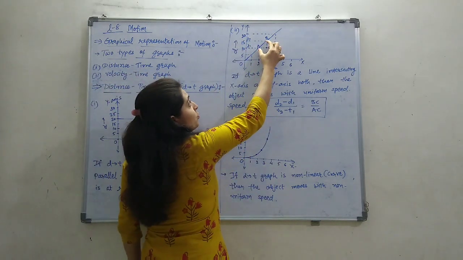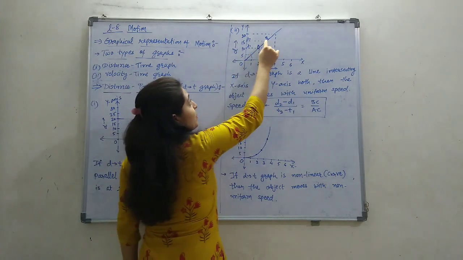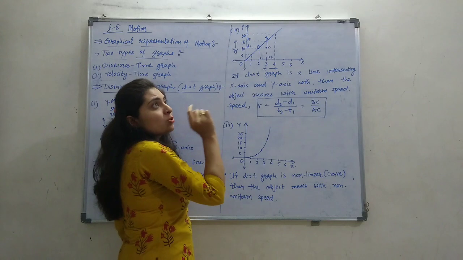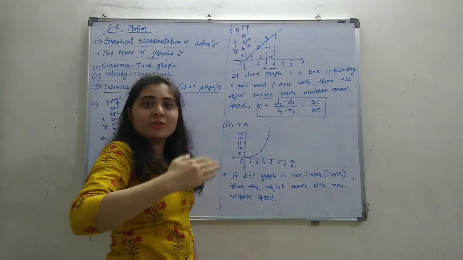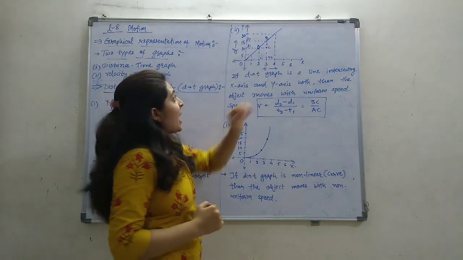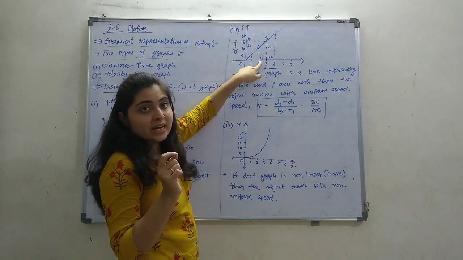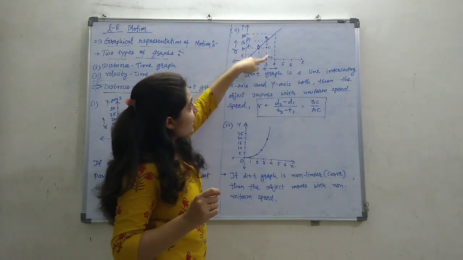So between these 2 points, point A represents the d1 distance, point B represents the d2 distance. So how much distance has the object traveled from A to B? Simply d1 to d2.